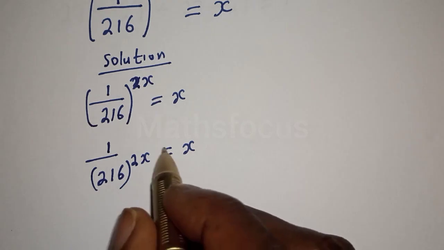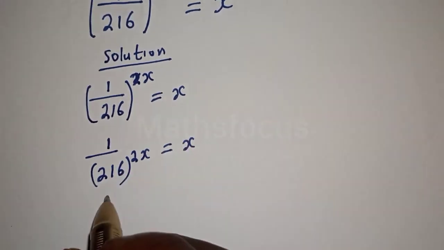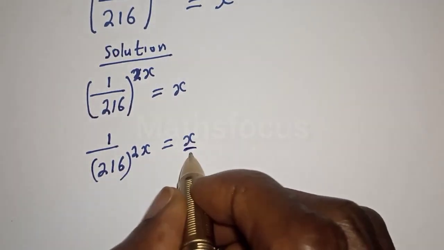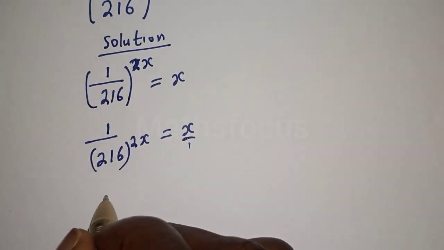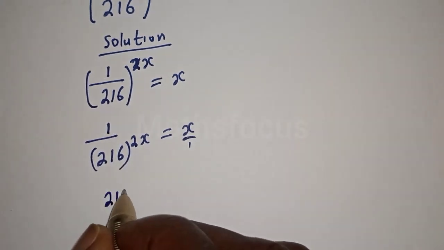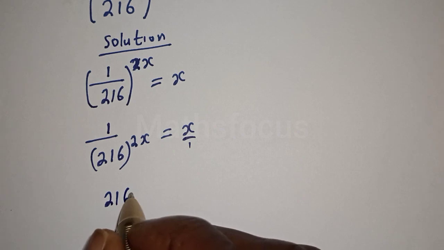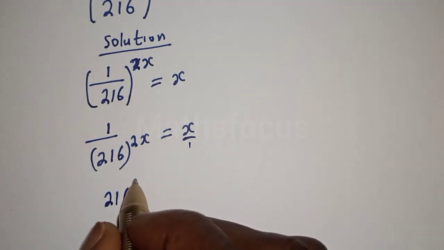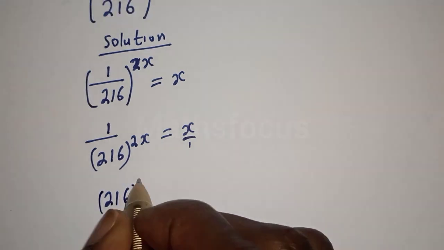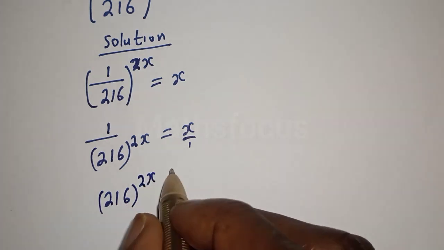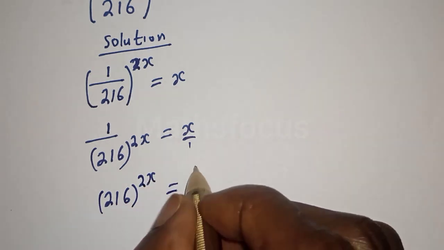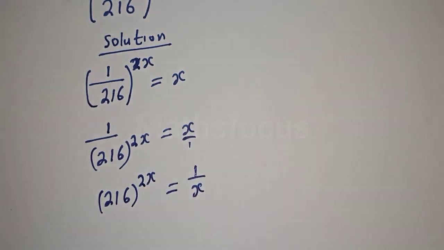Then let's find the reciprocal of this. So this is over 1. So we have 216 raised to power 2x is equal to 1 over x.